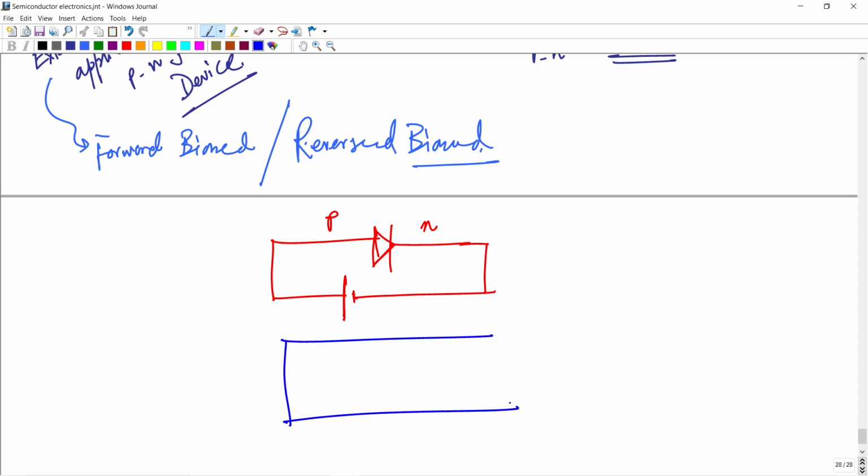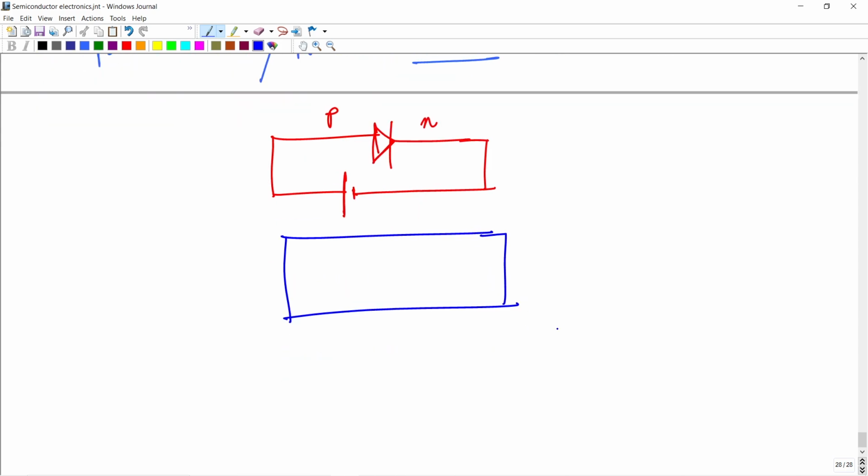So that's the internal configuration. Suppose we choose a p type material, that's the p type, and that's the n type. In p, the majority carrier is the hole, much more holes here, and a smaller number of minority carriers.